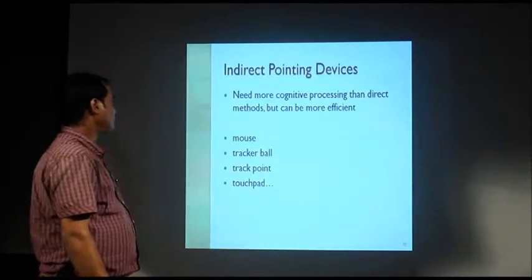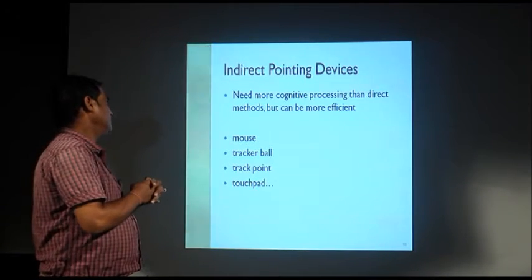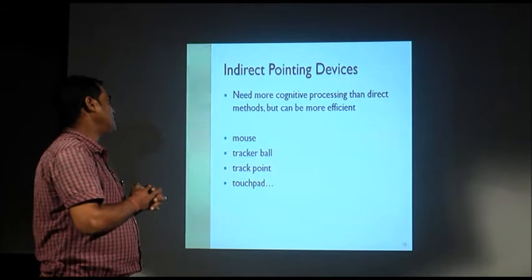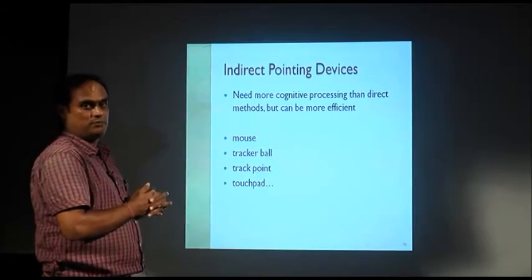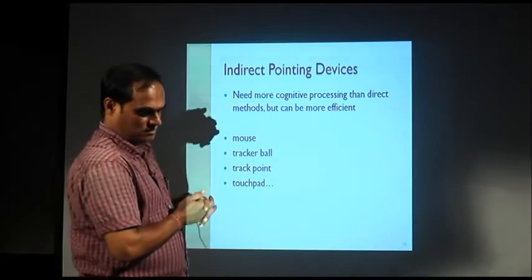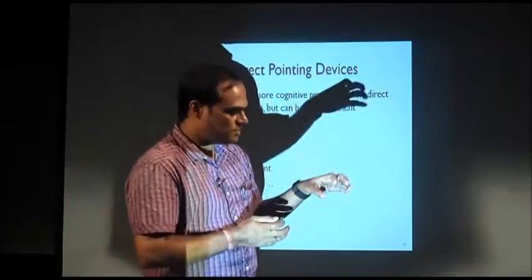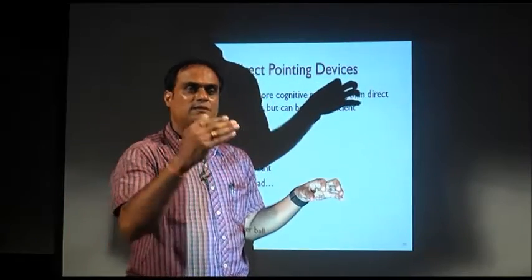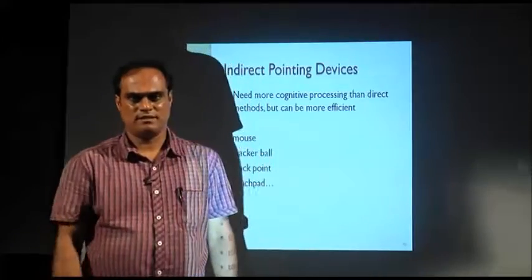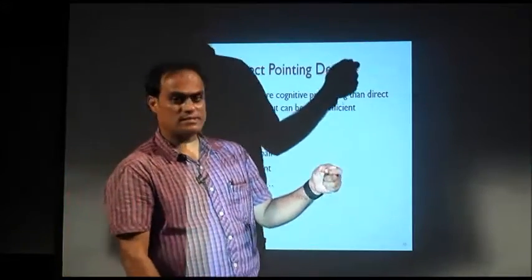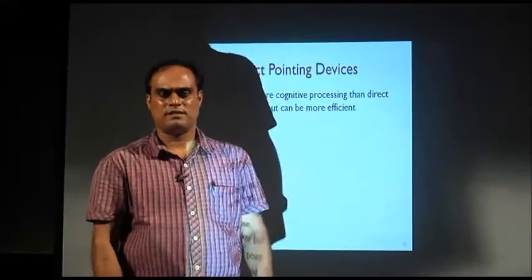Next, the input devices are again categorized as indirect pointing devices and direct pointing devices. The touch screen is a direct input device, and your graphics tablet, these are direct input devices.